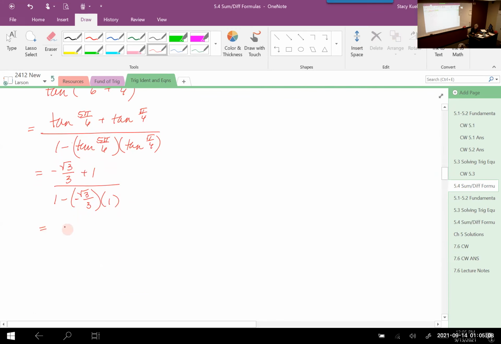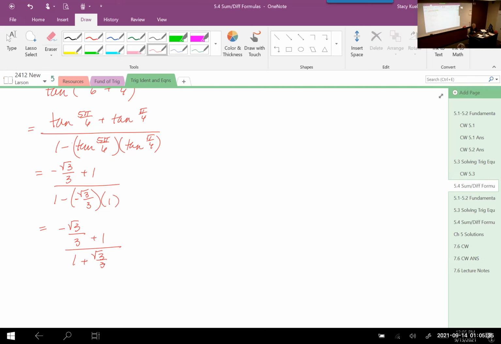So this looks like negative square root of 3 over 3 plus 1 in the numerator and 1 plus the square root of 3 over 3 in the denominator, right? When I simplify the terms, there's a couple of different routes you can go from here, but I'm going to get rid of the square root symbol in the denominator.